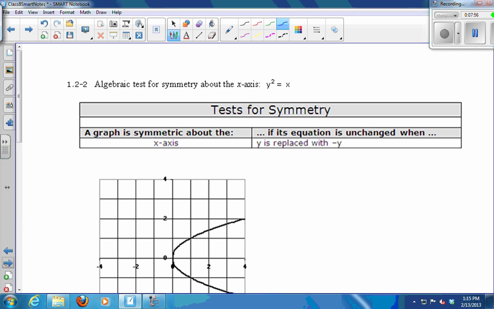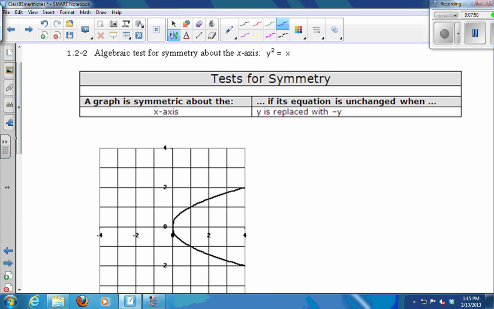All right, so let's test one for x-axis symmetry. My equation is y squared equals x. If I'm testing for x-axis symmetry, we replace the y's with negative y's. So instead of squaring y, I'm going to square a negative y. And negative y quantity squared, what is that? Positive y squared.